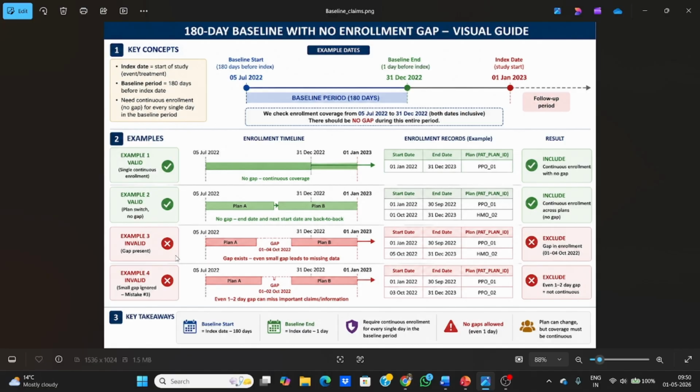Next example. Here you see the patient starts 1st of January 2022 to 30th of September 2022. The patient is on plan A, and plan B starts at 5th of October 2022. There's a gap from 1st of October to 4th of October where the patient has no insurance.